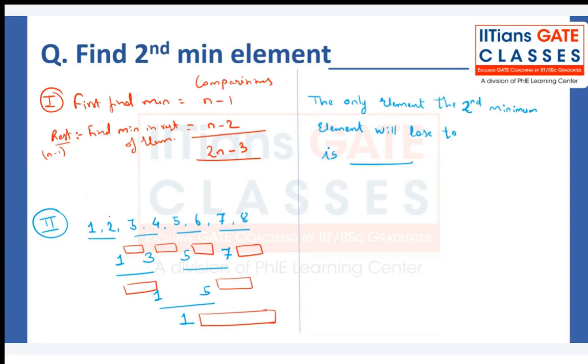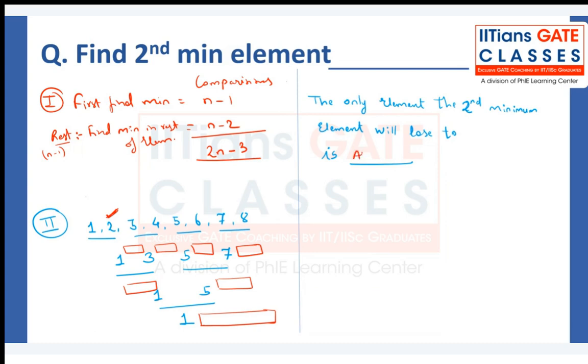So look at the example. This is our second minimum element, our answer basically. So in this whole list, what is the only element that can defeat this two? Exactly. Very good. So one.